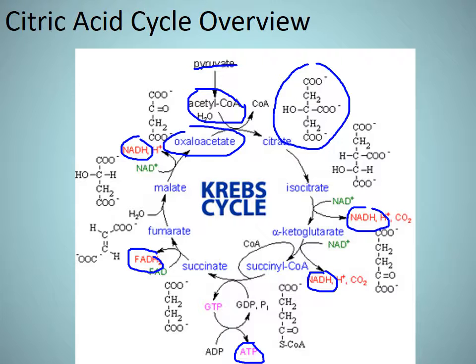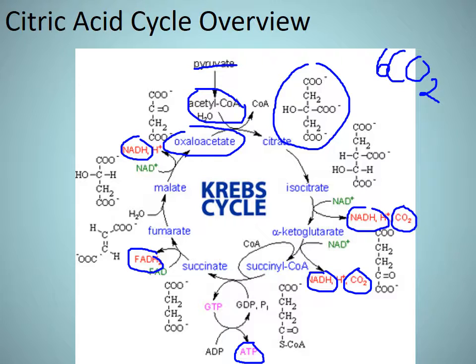Now, remember, there's another product here, CO2. The formation of carbon dioxide takes place as a result of the citric acid cycle. There were 2 forming as a result of pyruvate oxidation. We have to multiply this by 2, so there's 4 here. Now 4 plus 2 is 6. 6 CO2 is one of the products formed as a result of cellular respiration.